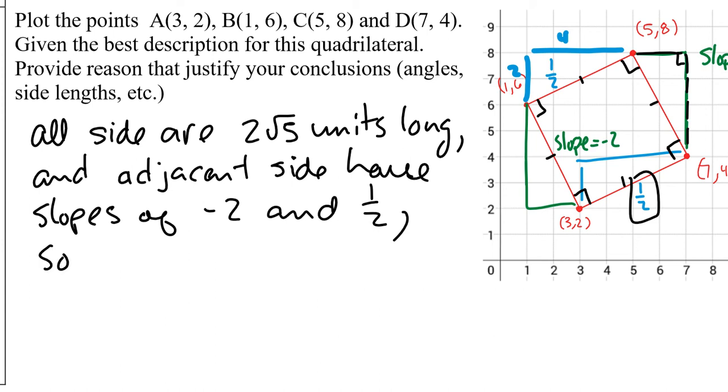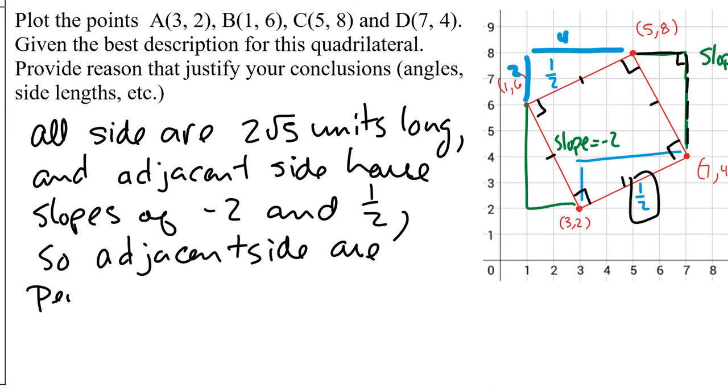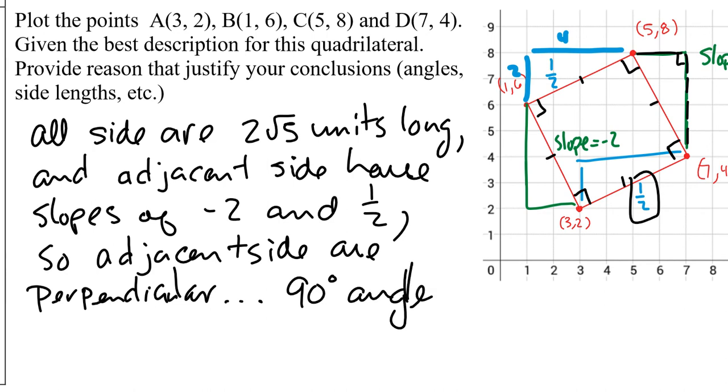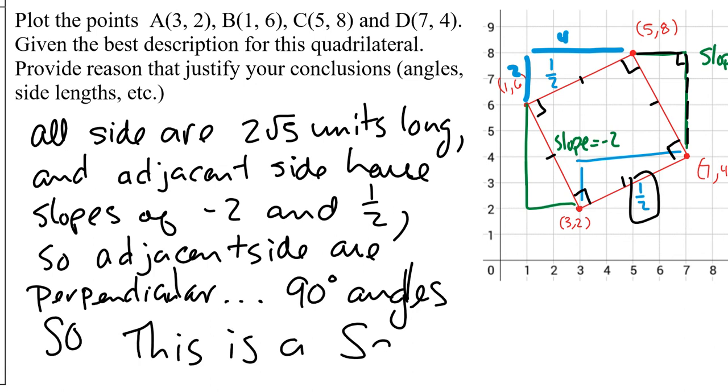So adjacent sides are, the word's perpendicular, which means that we have 90-degree angles. So this is a square.